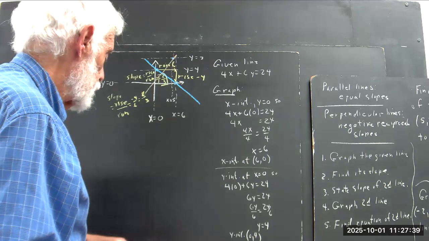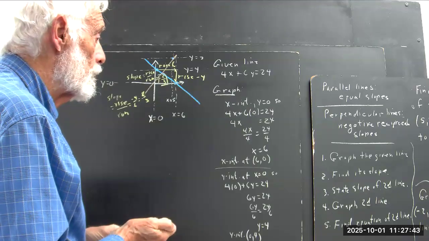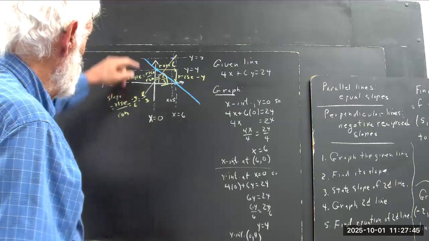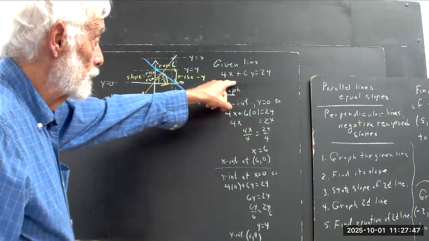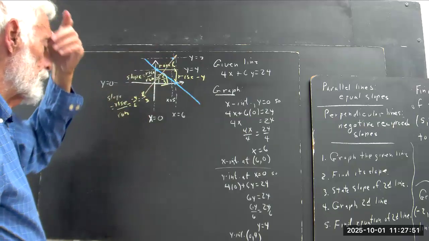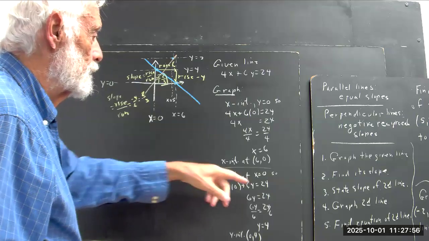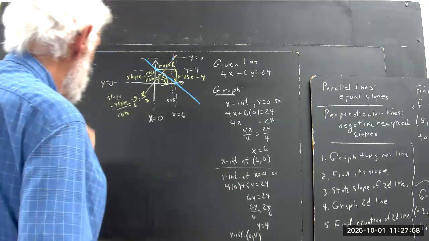And you want to have a picture of it. Anyhow, we've graphed this line and we found its slope from a rise and a run. State the slope of the second line.